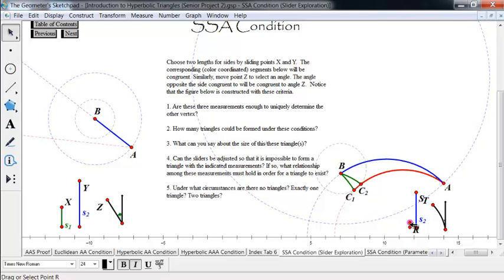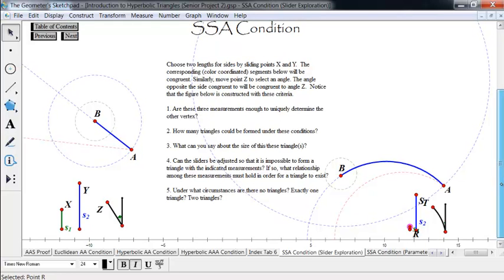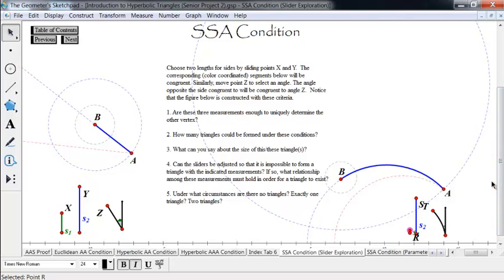Okay, so the same situation could exist where this thing is too short and it doesn't reach. So that's sort of the first case, that there is a no solution case if the measurement is too short for the green length. Now, if the green length is a bit longer, and if you can match it up just exactly right, it's going to be really hard to get it exactly right here, but I'm almost there.